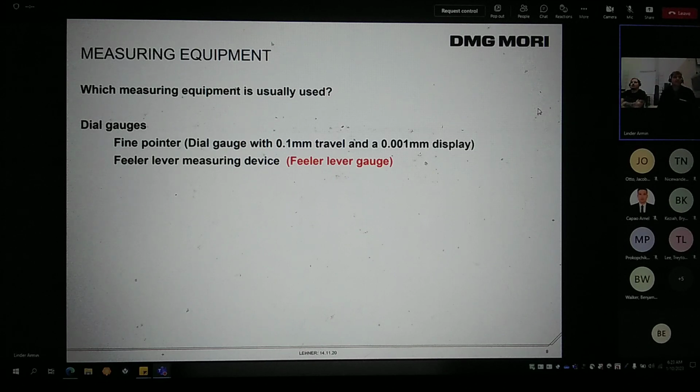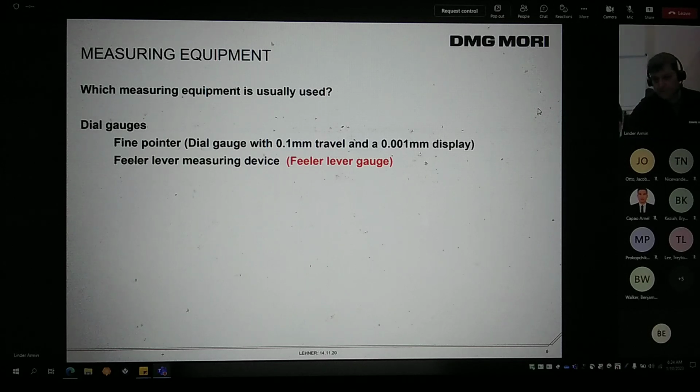Then we have the feeler lever, or the lever gauge, or how do you call it? Indicator. I think indicator is a common name for that. But for that one, be careful that you always keep it parallel to the measurement surface.